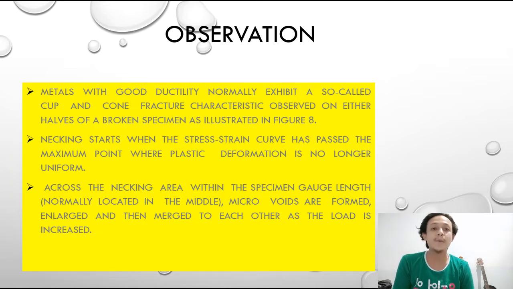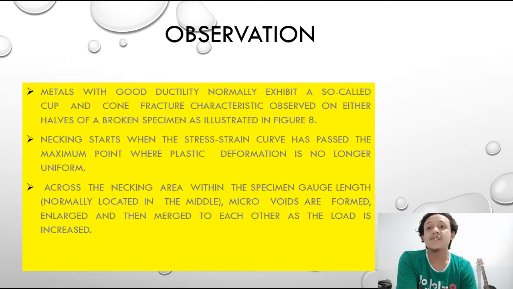Today I will present the observations about tensile testing. The first point is that metals with good ductility normally exhibit a so-called cup and cone fracture characteristic, observed on either half of a broken specimen, as illustrated in Figure 8.